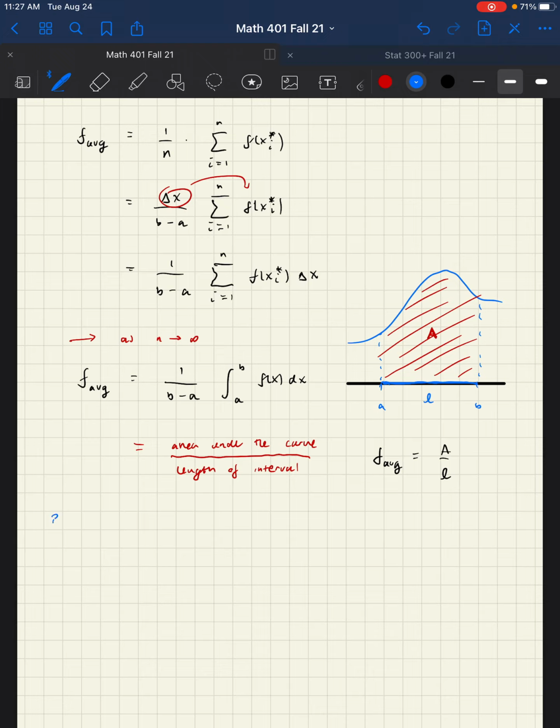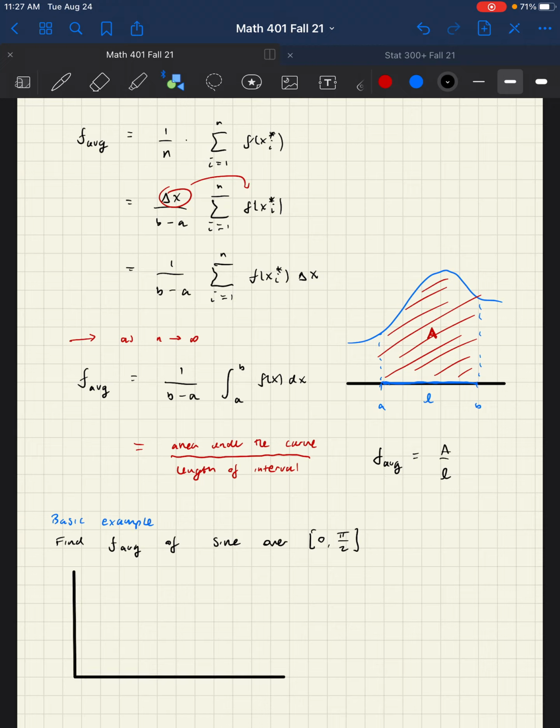Okay, so let's actually do something with this. We'll find the average value of a function that we know and love. So our basic example: find the average value of sine, literally f of x equals sine of x, over the interval 0 to pi over 2. Now remember that from 0 to pi over 2, sine reaches a maximum height.